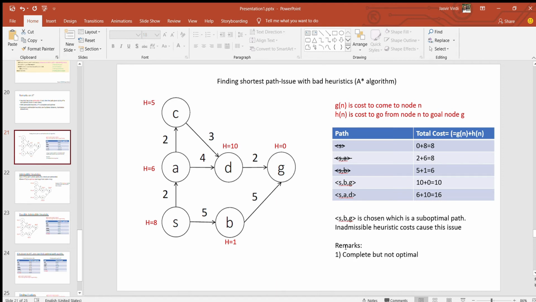That is the main issue with inadmissible heuristics. However, inadmissible heuristics will still allow us to go from the start node to the goal node G. In that sense it is complete, since you will be able to find a path from start node to goal node, but it might not be optimal, as shown in this example.